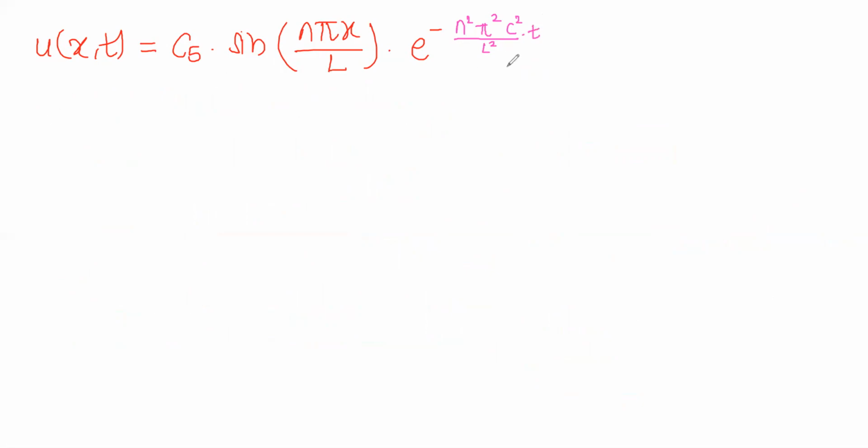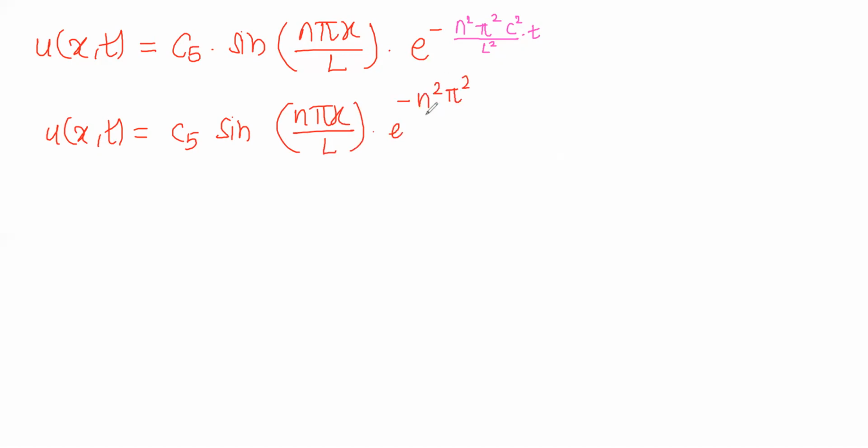Okay, and for the board terms I'll write it down so that it is visible to you. So u equal to c5 and then sine n pi x upon l into e power minus n square pi square upon l square, okay, and then c square t. Fine, this is what I found.